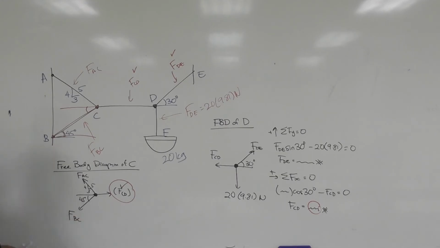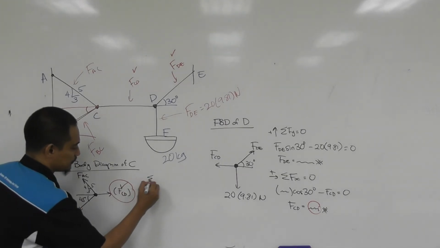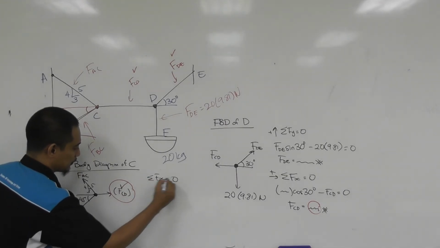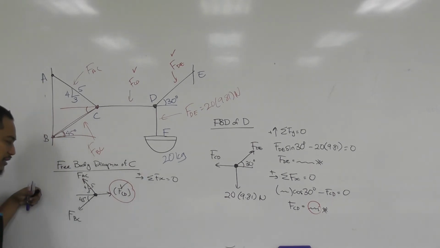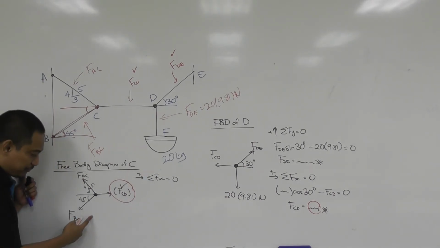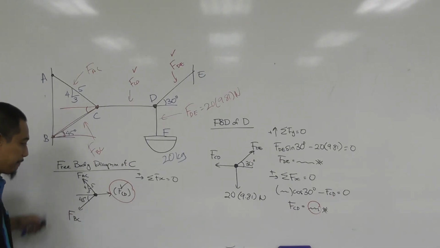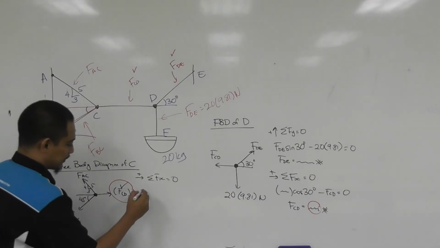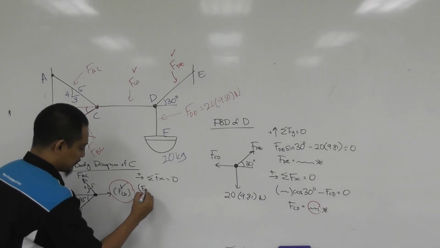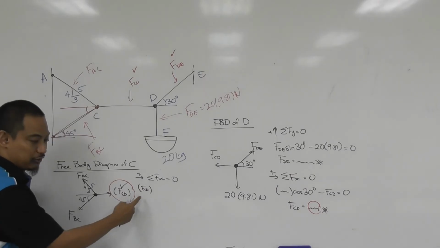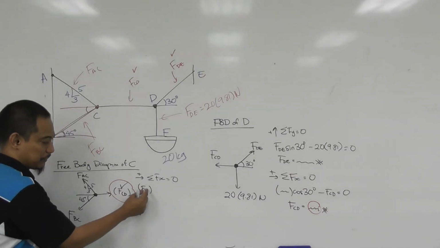So having this established, you can do summation of Fx equal to 0. Let's take positive to the right. Obviously, in this case, you will have to do by simultaneous equation. Why? Because these two forces have x component and also y component, right? So you'll have basically FCD, the value itself, you know already the value, so you just plug in there.